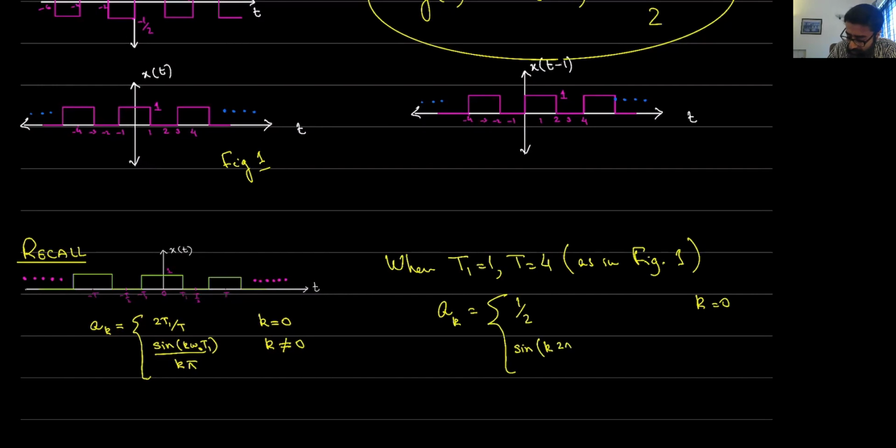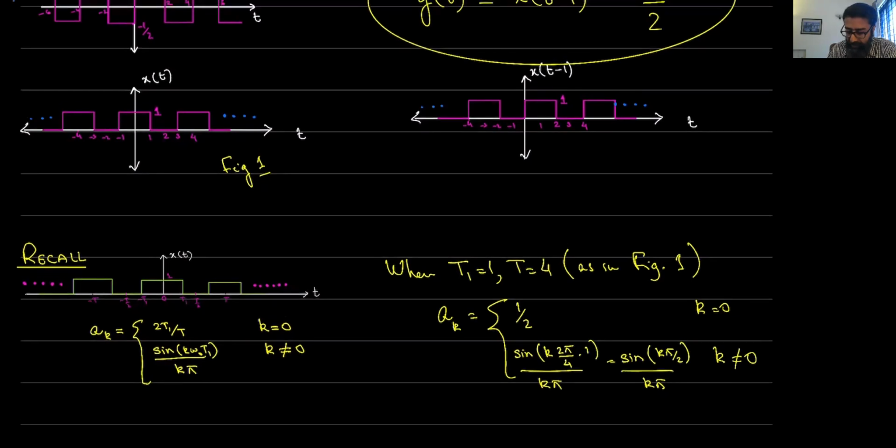Omega naught is 2 pi by 4, and t1 is just 1, so this is equal to sine(k pi by 2) divided by k pi whenever k is not equal to 0. So these are the Fourier series coefficients for x of t.